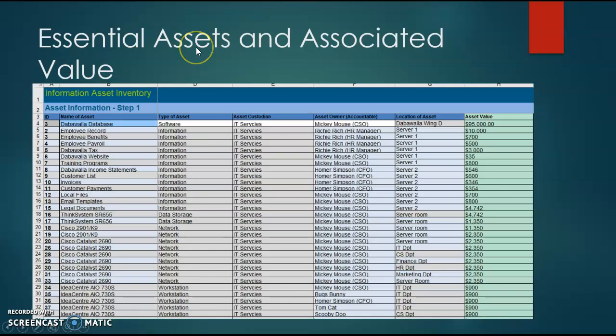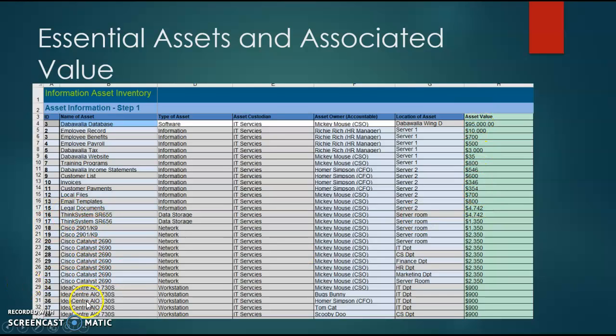Talking about the essential assets and the associated value given to them in this company, we have subdivided the assets into software assets, which is our information, and we have given their value accordingly in this column.